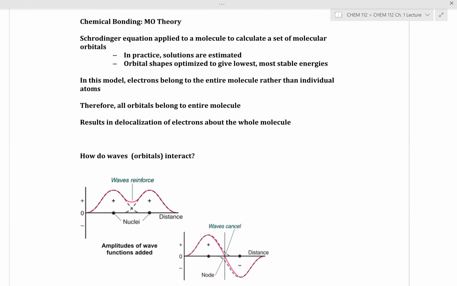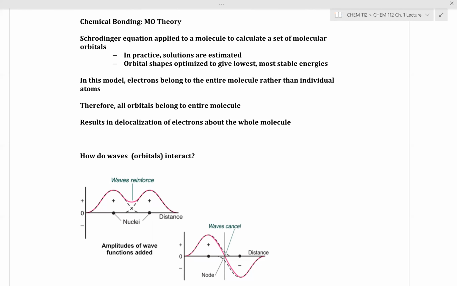The main distinction between MO theory and valence bond theory, which is what we've been using so far, is that instead of localized orbital overlap, in MO theory we generate a set of molecular orbitals describing electron density in our entire molecule.